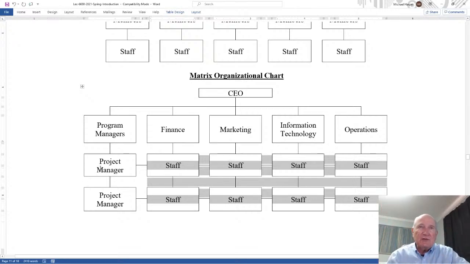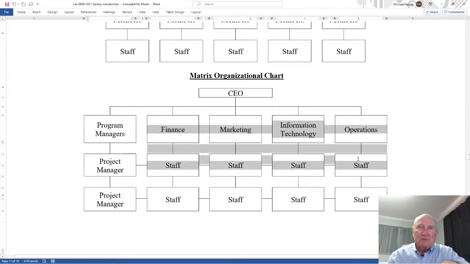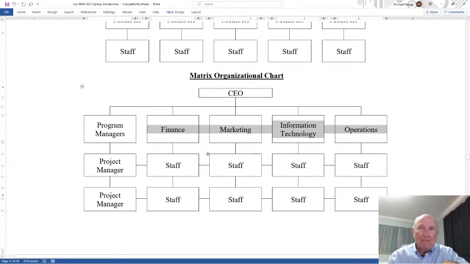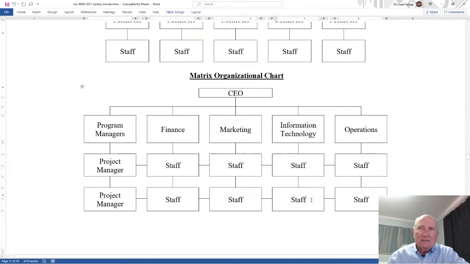The project managers making sure that the projects are satisfied on time, within budget, within scope. The line managers are making sure that the tactical expertise is done correctly. Okay, and so this looks cumbersome, a lot more management. The staff member in here is going to have two bosses, the line manager and the project manager. And you think, well, is this going to work?